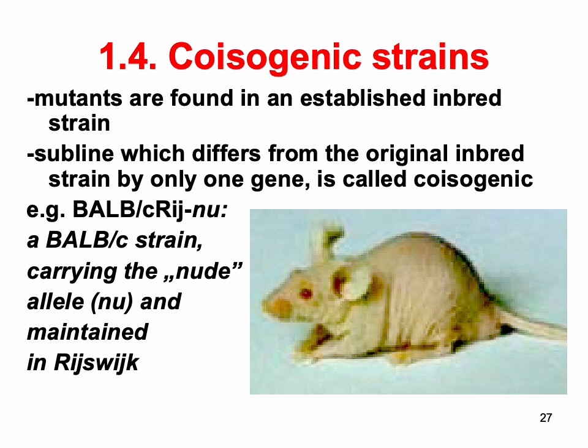So the symbol is, as you see, for a co-isogenic strain consisting of the full strain name and substrain designation, followed by a slash and the indication of the mutant gene.